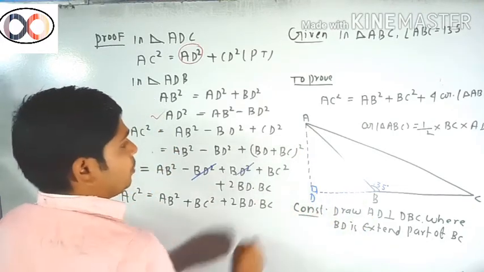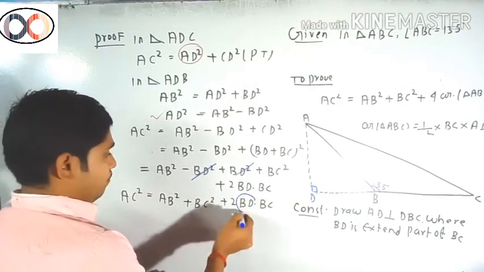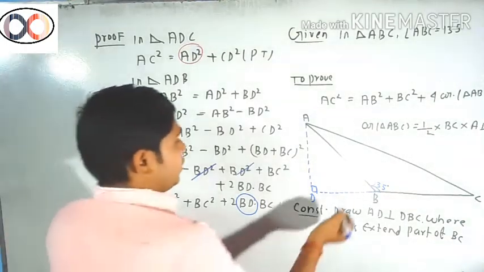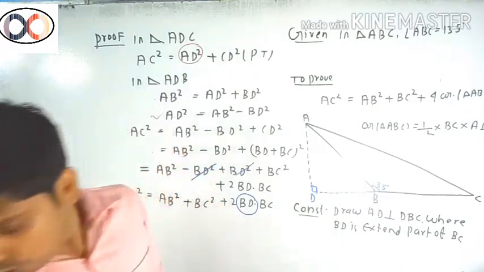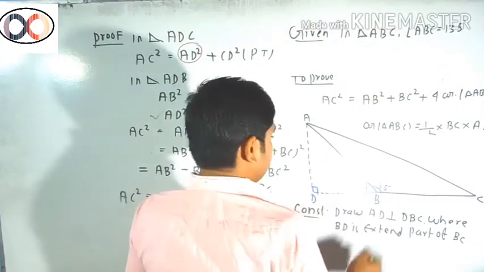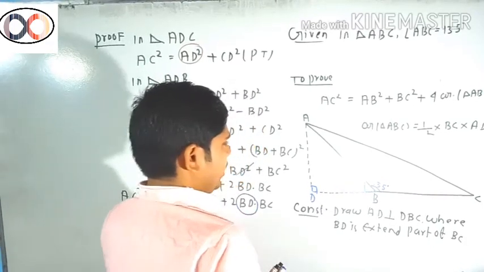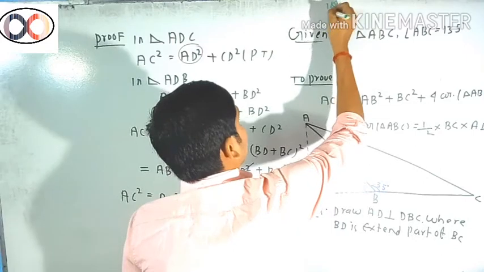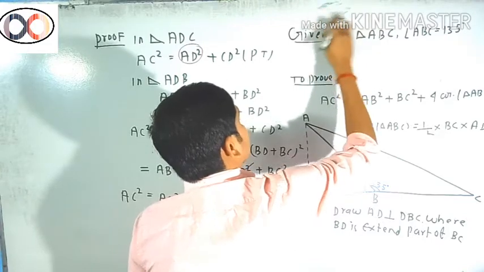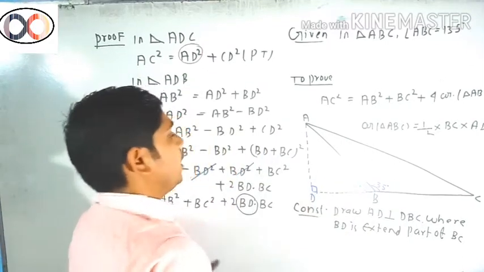We need AD, so we will have to remove BD. How can we remove it? Here this angle is 135, so this angle is 180 minus 135, which is 45 degree. So we can write 45 degree here, and we will apply trigonometry.